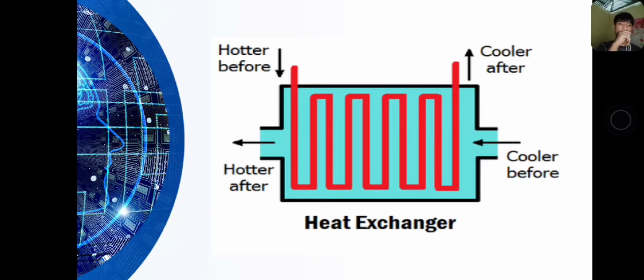So what is happening inside the heat exchanger? So the molten solar salt, which is hotter before, will enter and then exit cooler. And then yung water naman, which enters cooler and then exits hotter.